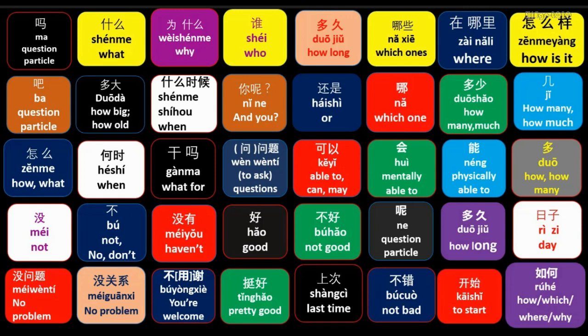So 没 means you're negating the verb which came after it. If you use 没 before have, that means you don't have. If you use 没 before married, that means you're not married. If you use 没 before the question, that means it's not a question.